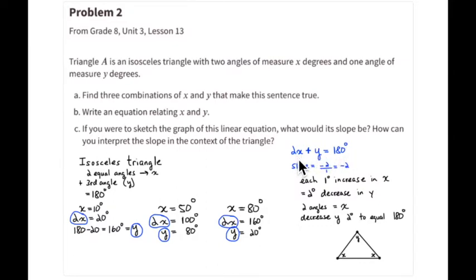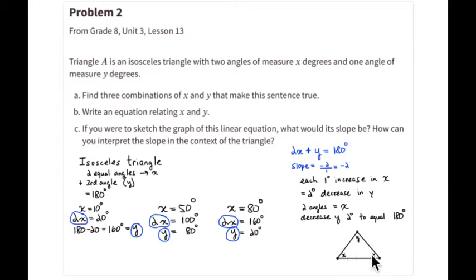If I increase x by a certain number of degrees, I have to decrease y by that same total number of degrees. So there's 2 angles that are equal to x, so decrease y by 2 degrees to equal 180 degrees. So here's 2 x's.